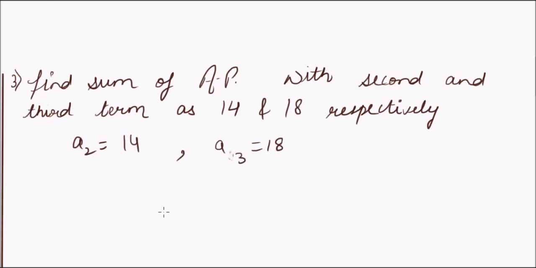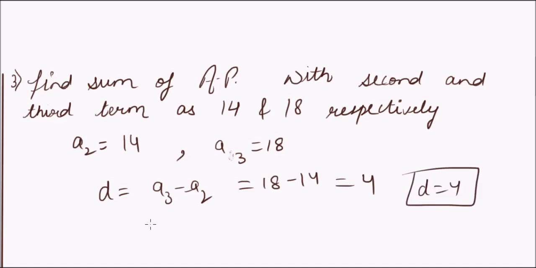Thus the difference d is a3 minus a2, that is, the difference between consecutive terms is the common difference. So a3 minus a2 is 18 minus 14, which gives us 4, and thus the difference d is 4.